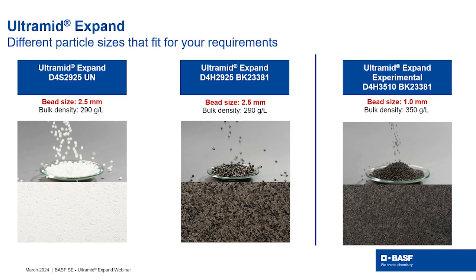From this material you can obtain shape molded parts with a part density of 340 grams per liter. In the middle you can see the same product in black color with an additional heat stabilizer. And then we have a special product which consists of small particles of 1 millimeter. This material is very interesting if you want to produce big parts with thin areas.